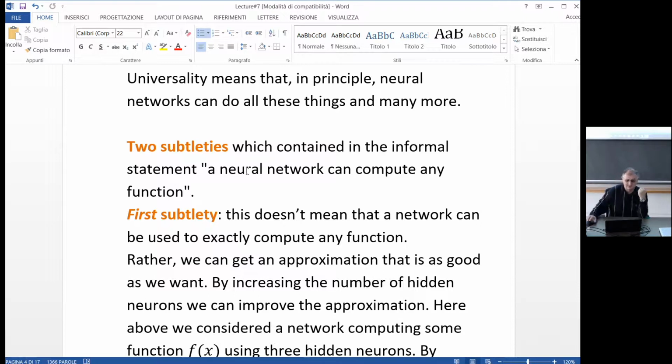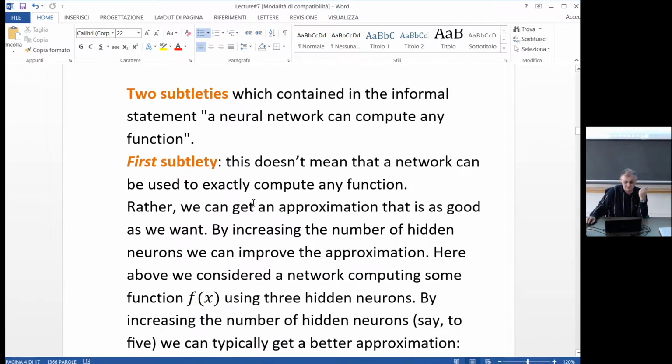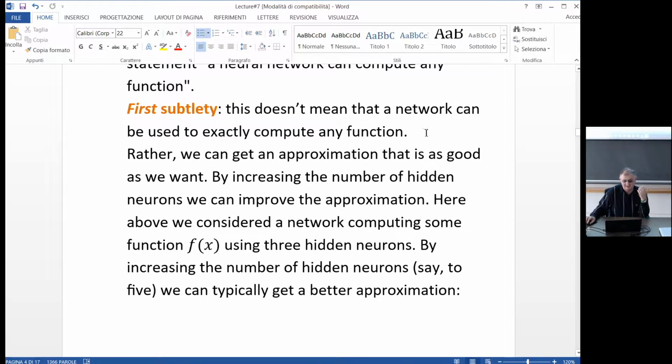The first subtlety is that this doesn't mean a network can be used to exactly compute any function. It is some approximation, of course. Rather, we get an approximation, as I told you about.